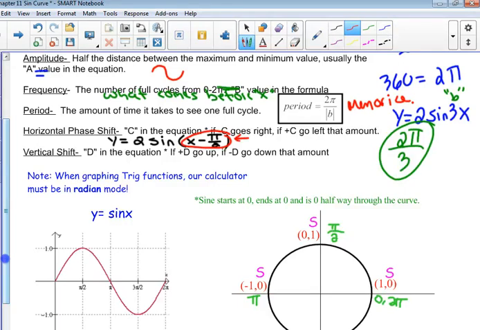They might ask which way this is shifting. If it's a minus, we go to the right. So all you would have to say is it shifts right pi over 2 units. That's it. You won't get into these big shifts until 3000.